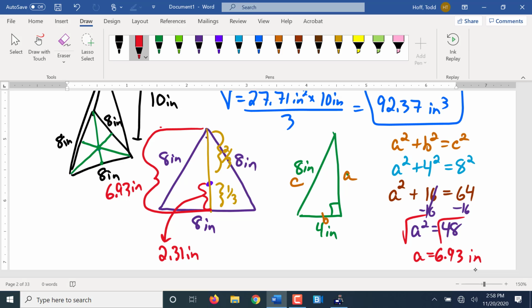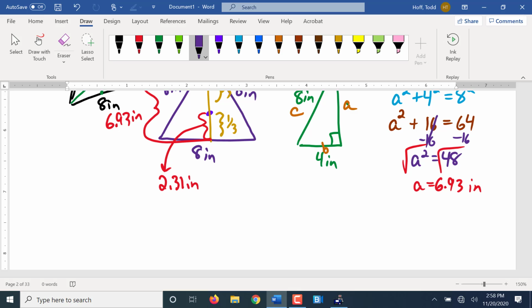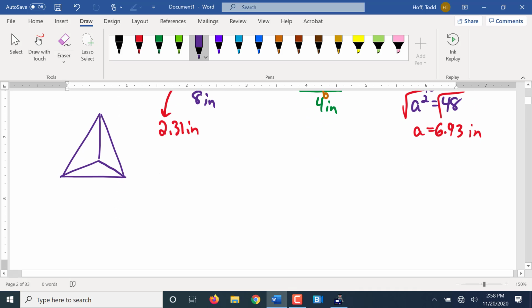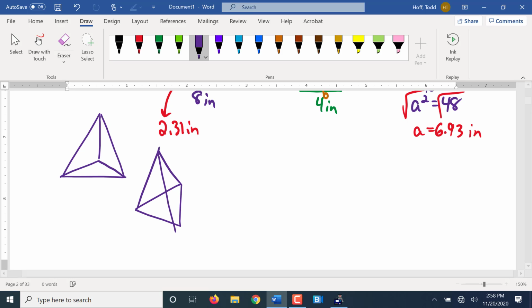So why do we need to know that? Well, because if we go back to this pyramid, I need to draw it a little better than that. We'll draw it this way. I need to know the slant height to get my surface area, my lateral area. That slant height is going to be based on a triangle, that red triangle I draw out here.